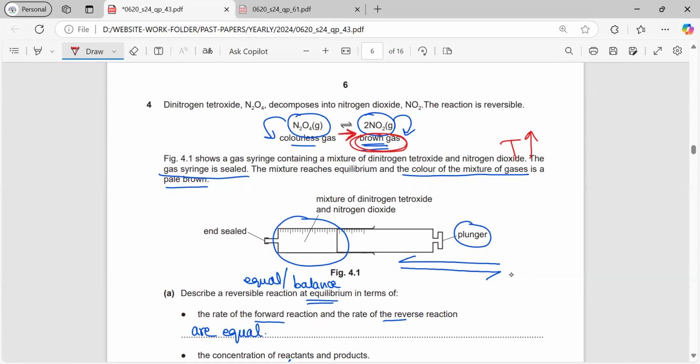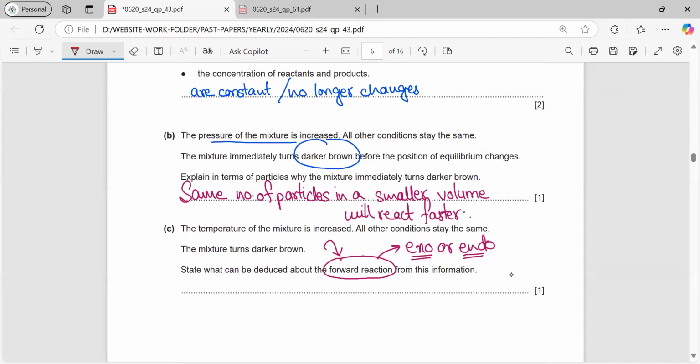When the temperature is increased, the system is moving forward and the brown gas is produced more and more. It means that the forward reaction is endothermic. If the forward reaction is endothermic, when we increase the temperature, it will move towards the side that absorbs heat, lowering the temperature. So the forward reaction is endothermic.